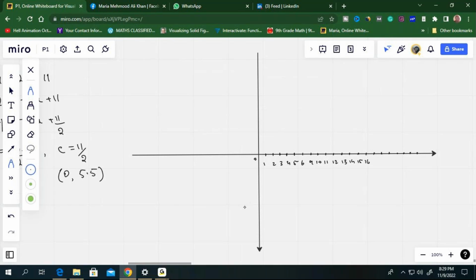Though you don't need to do this work in the exams, you just need to solve it algebraically, but I'm doing this to make you clear how analytic geometry actually works.